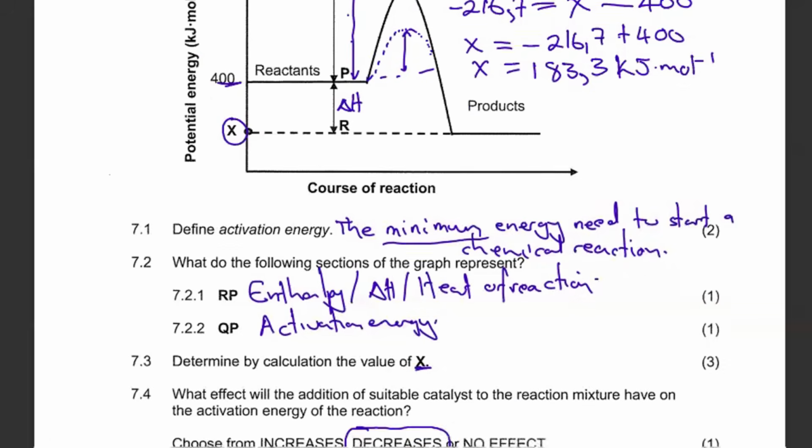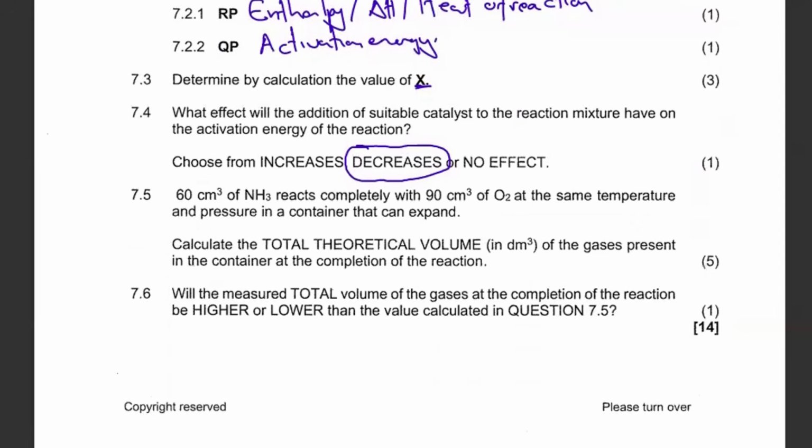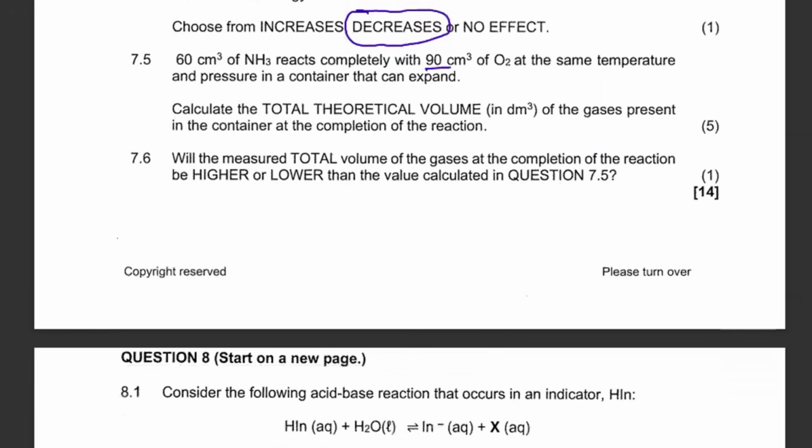Then we move on to the next part that says 60 cubic centimeters of NH3 reacts completely with 90 cubic centimeters of O2, at the same temperature and pressure in a container that can expand. Calculate the total theoretical volume in dm cubed of the gases present in the container at the completion of the reaction. So now we're going to work it out here.